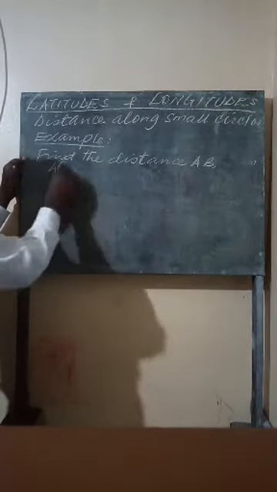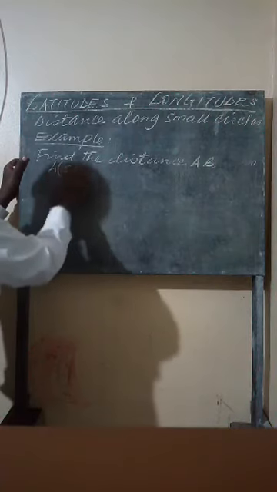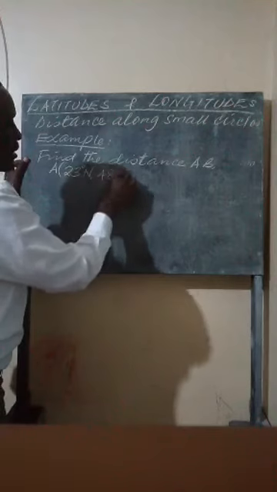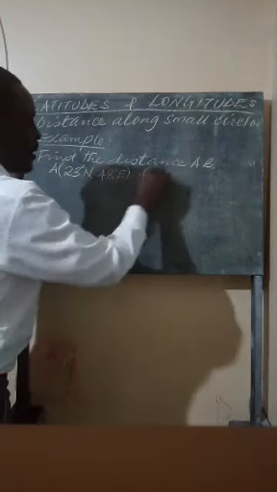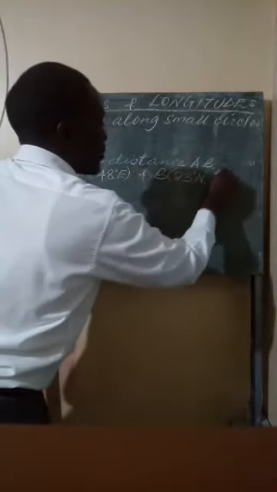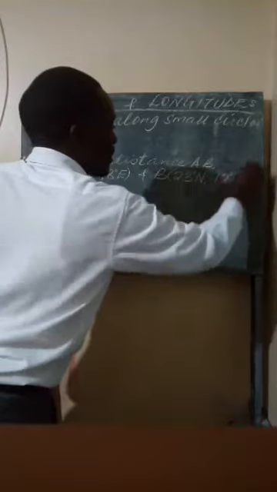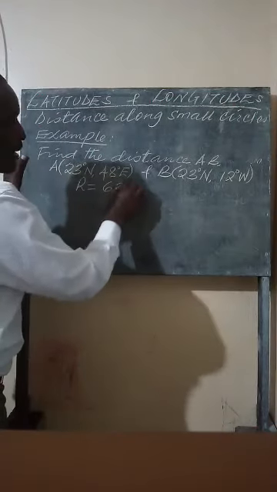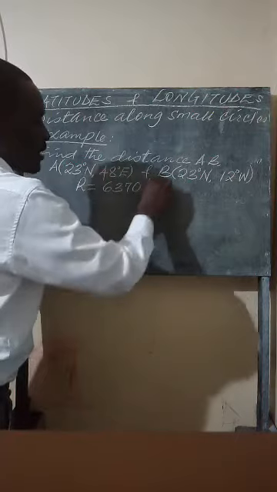The geographical location of A is 23 degrees north, 48 degrees east, and we also have another point B, 23 degrees north, 12 degrees west. We want to find that distance, and as I said earlier, we'll always be given the radius of the earth. So as usual, let's take that to be 6,370 kilometers.